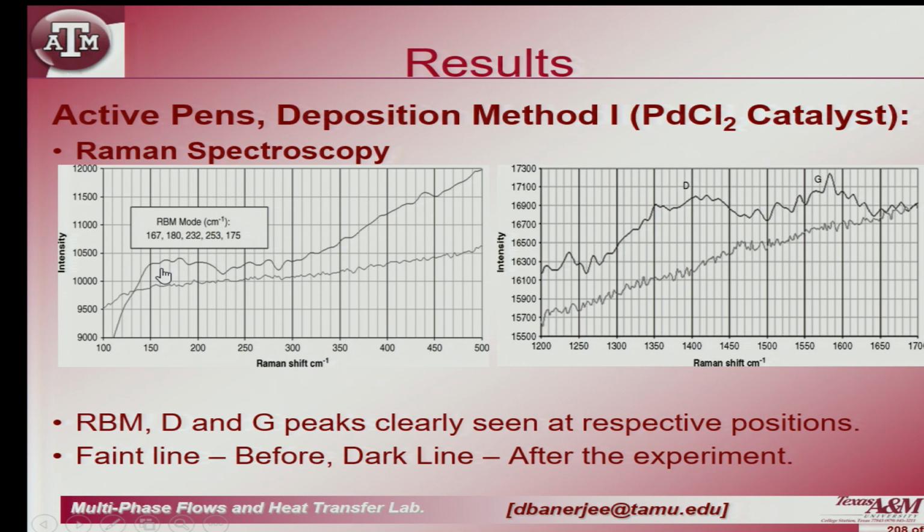Okay. One is what is known as a radial breathing mode, where this is the wavelength of the spectrum and this is the intensity, and typically up to 300 per centimeter wave number is your radial breathing mode, because if you think of a nanotube as a sort of a steel tube, for example.